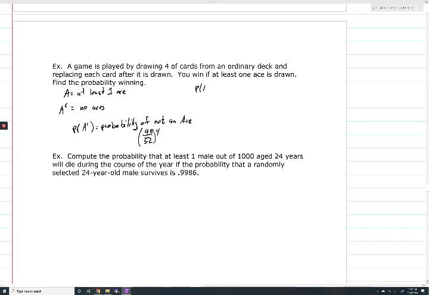So if I want to find the probability of at least one ace, I do 1 minus 48 divided by 52 to the 4th power, because I need to get that not an ace 4 times. So a hand with at least one ace shows up about 27% of the time. So this is a winning hand.